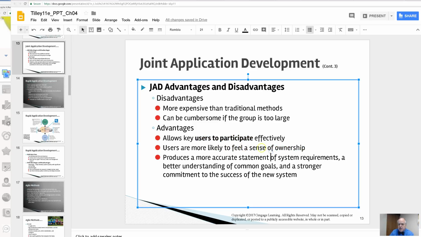But besides the psychological part, it does produce more accurate understanding of what the goals of your system are, because they're there, and hopefully they're the right users. You don't want to get users that have not used the old system, or maybe they've used the old system but they don't have the big mission of the company in mind.